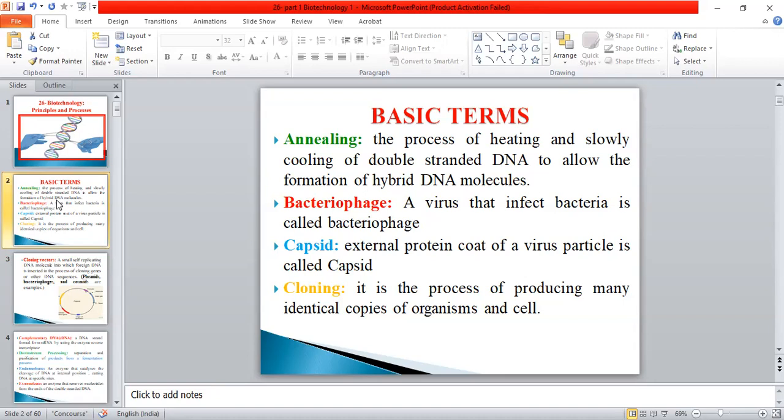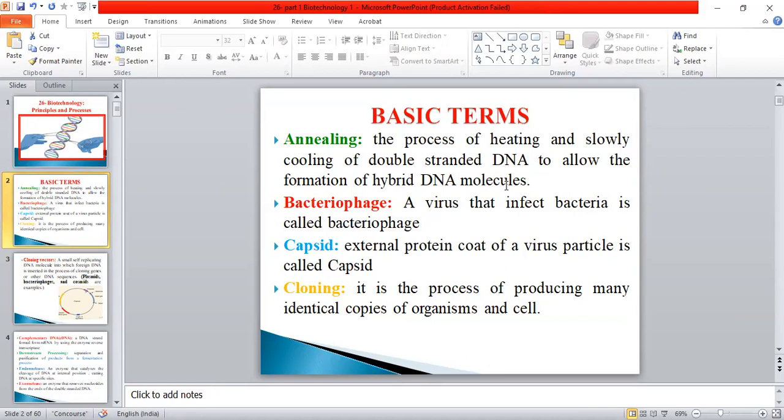After a few minutes, it cools to a particular temperature, and again the strands unite and form double stranded DNA molecules. That condition is called annealing. Annealing is the process of heating and slowly cooling double stranded DNA to allow the formation of hybrid DNA molecules.